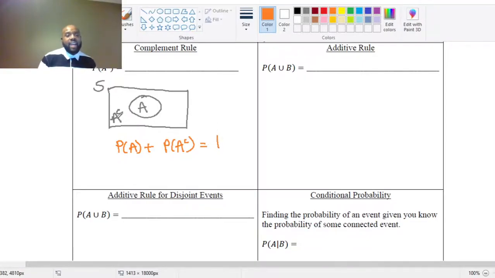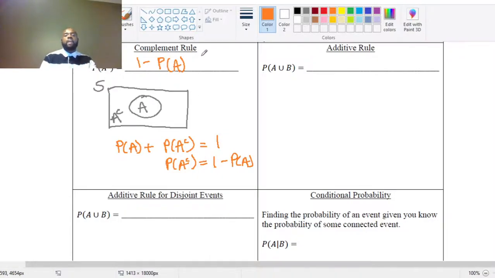Well, if I have A and A complement, the probabilities separately add up to 1. And so if I want to know my probability rule, I can use this fact here. And if I subtract probability of A from both sides, I get 1 minus the probability of A. And so that is what my complement rule is. The probability of a complement is 1 minus the probability of A.